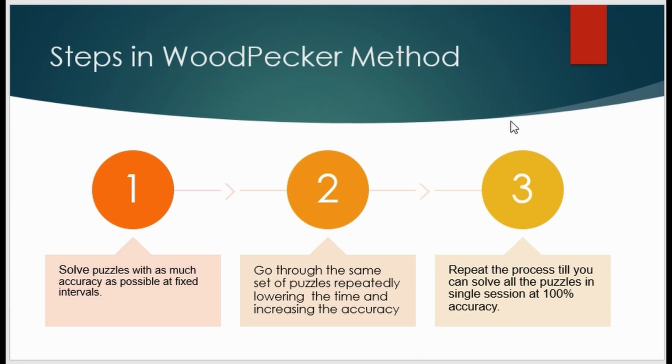Because we have fed the correct answers in the first iteration, the brain starts identifying the patterns faster and the accuracy will subsequently improve. We continue this till the final iteration, where we are able to solve all the puzzles in a single session with 100% accuracy.